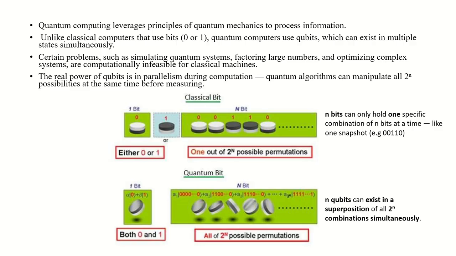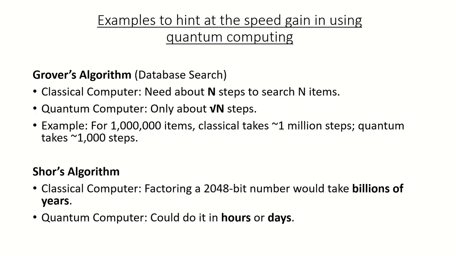But once we measure, all these 2^n possible permutations collapse to a single permutation, like the classical one. Before we measure, during computation, quantum algorithms can see all these 2^n possibilities at the same time.